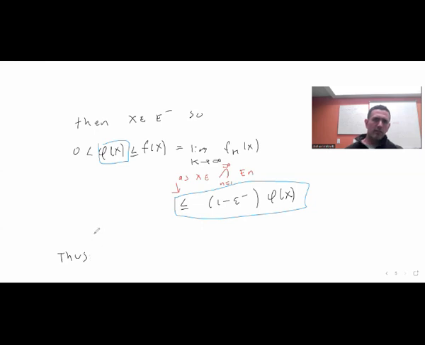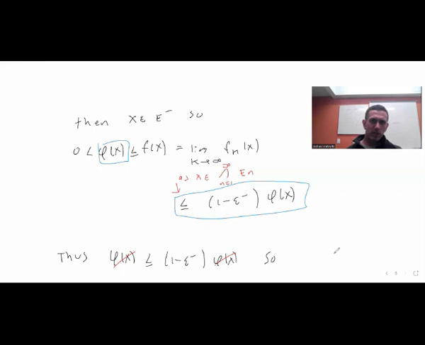So in particular, let me divide out by phi of X. Yeah, sorry, for some reason I thought I had 0 here when I divide out.